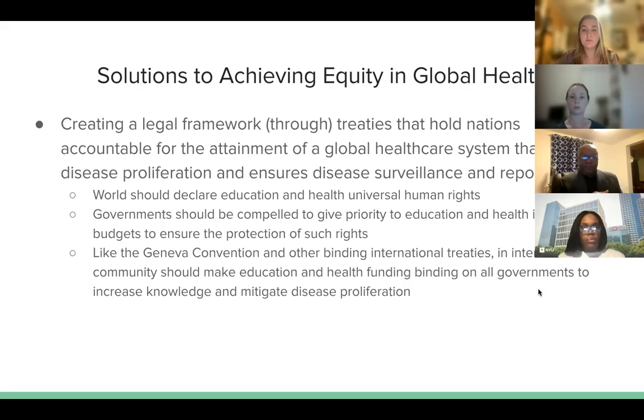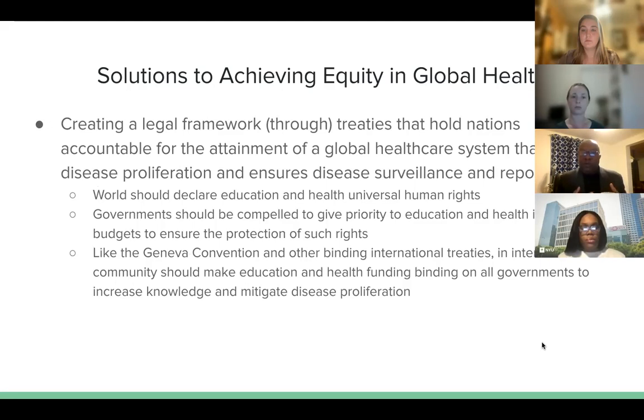Also, we're looking at creating a legal framework, and this is really important. So we have the Geneva Conventions that are binding on almost all countries to, for example, treat prisoners of war humanely. So these conventions are binding through international treaties.